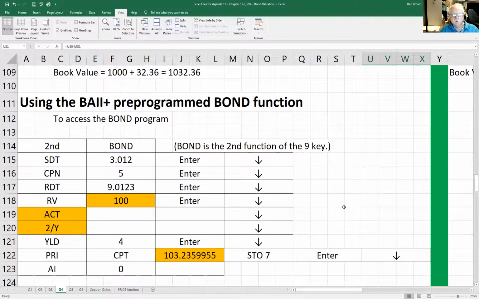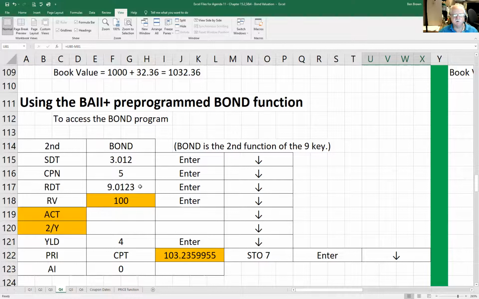And we could do this whole thing on the BA2 plus, the pre-programmed bond function. The settlement date, we'd have to put in. The CPN stands for the rate on the bond.